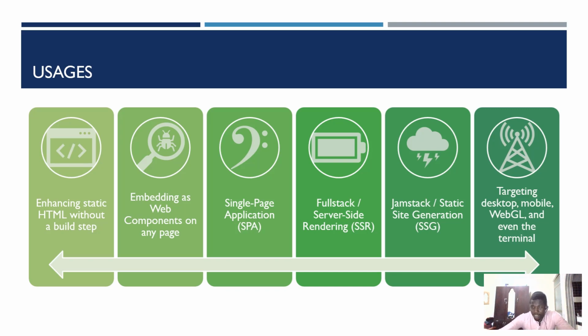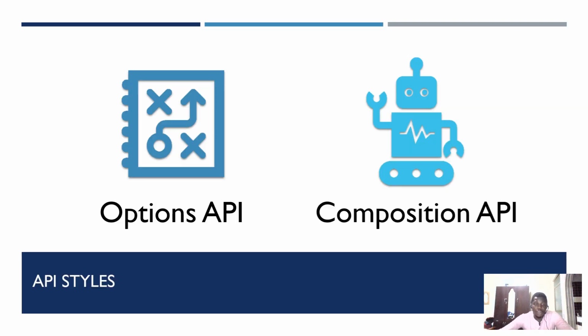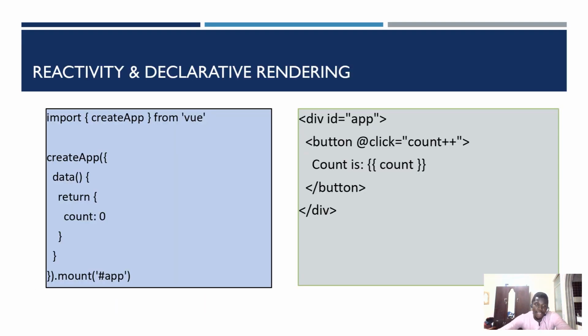The last but not least will be targeting desktop or mobile, WebGL, and even the terminal. So you can use Vue.js for all that. So we're going to summarize with a very important aspect of Vue.js. Vue comes in two API styles. There is the options API and the composition API. The options API is almost similar to what we have just looked at here.